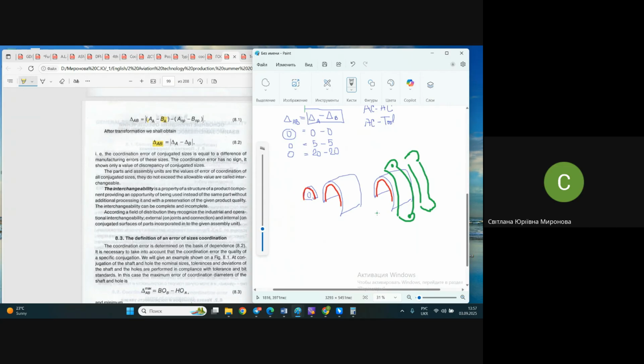Well, what should be provided? Where are the elements to be provided in coordination? Now it's the outer surface of the skin and the inner surface of the assembly jig.